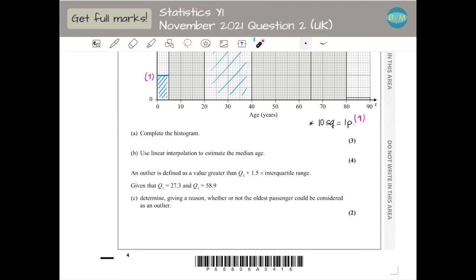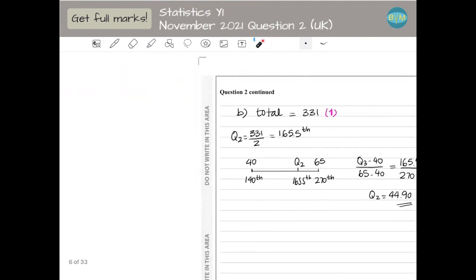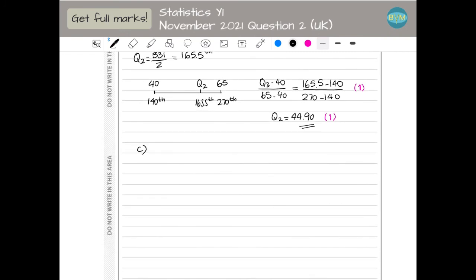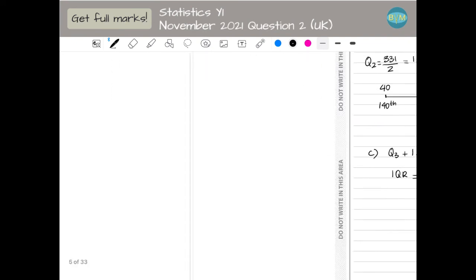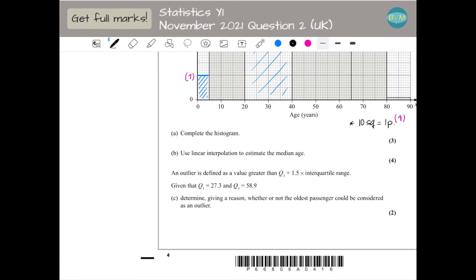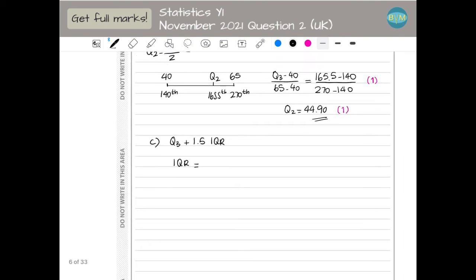That limit, with the definition that we have there, is going to be Q3 plus 1.5 times the interquartile range. The interquartile range is the maximum value minus the minimum of the quartile. So 58.9 minus 27.3.